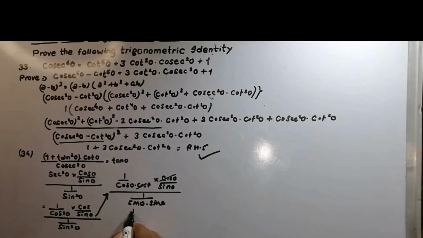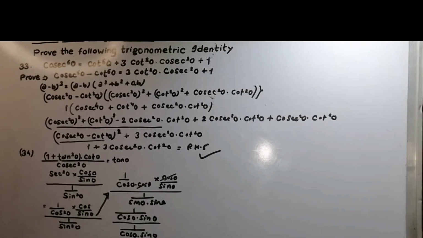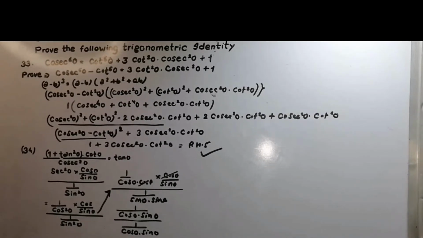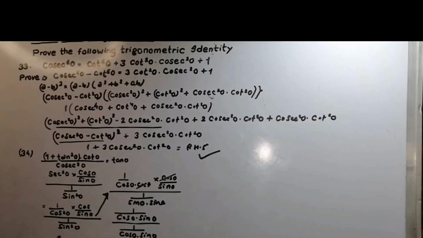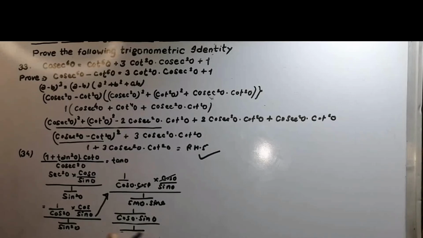So it becomes 1 upon cos theta into sin theta, and 1 upon sin square theta means sin theta into sin theta.